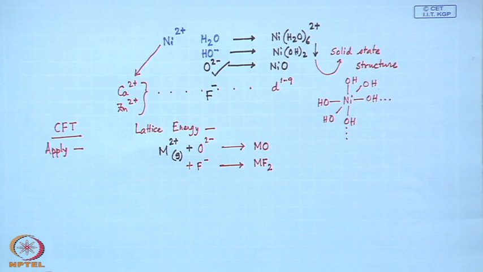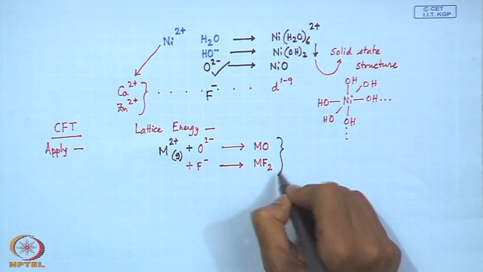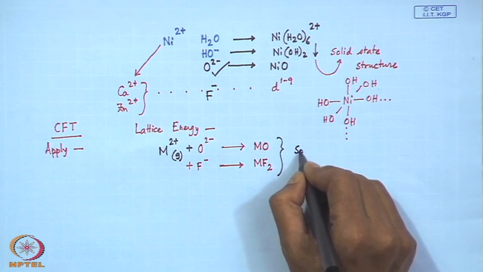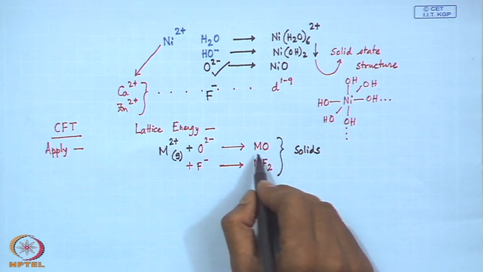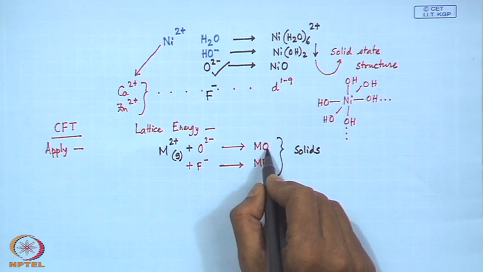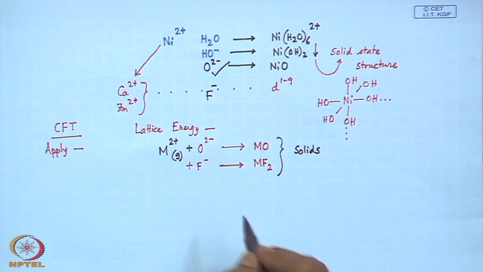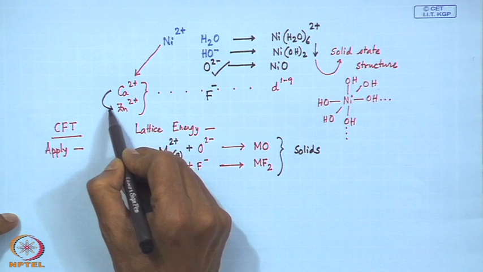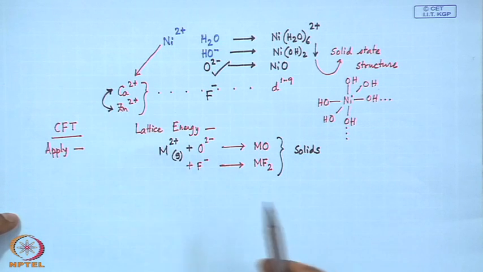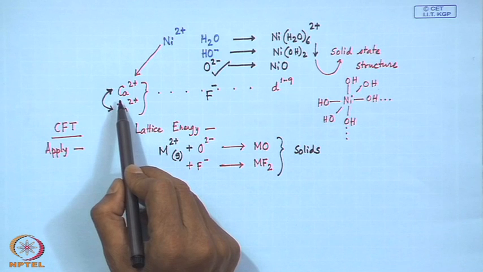So, they have certain specific solid state structures also. The molecular solids are formed where the interaction of the metal center with oxygen or with fluorine can vary if we vary this entire series from, say, calcium to zinc. The whole thing is dependent on the presence of d electrons in these metal ions.